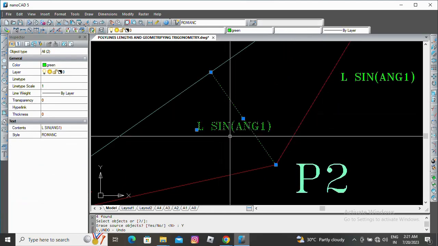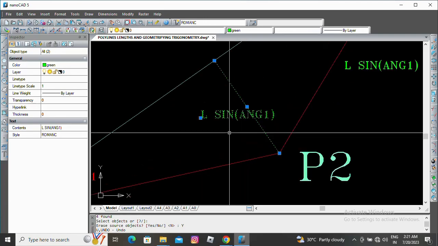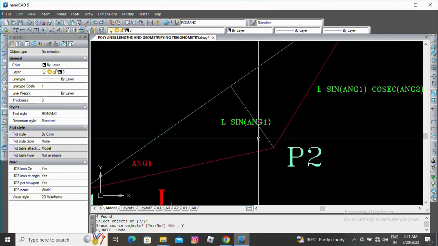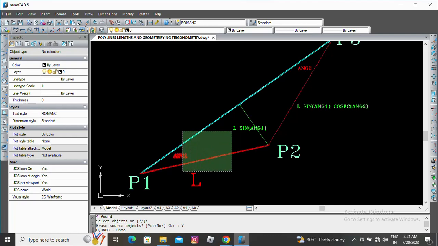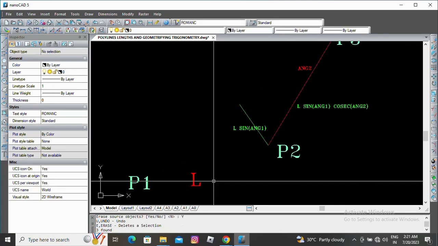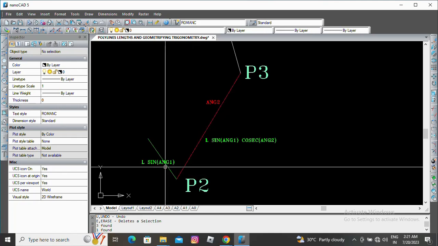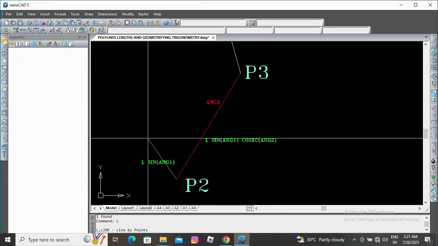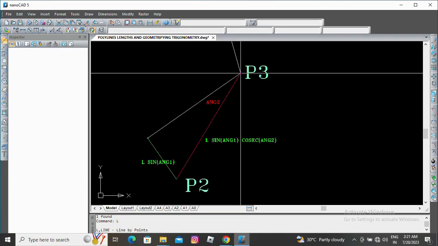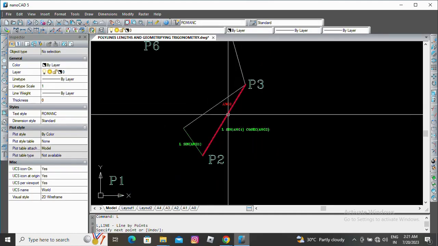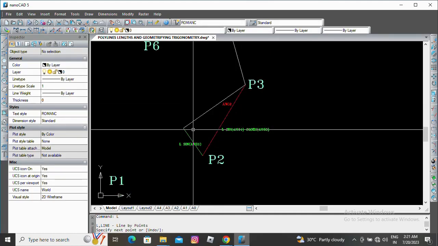Now from angle 1 and angle 2, we can see that this green line segment constructed is L into sine of angle 1. Similarly, if we forget these two things, we will see that the new triangle so formed will have angle 3 here, and this is the perpendicular already constructed.